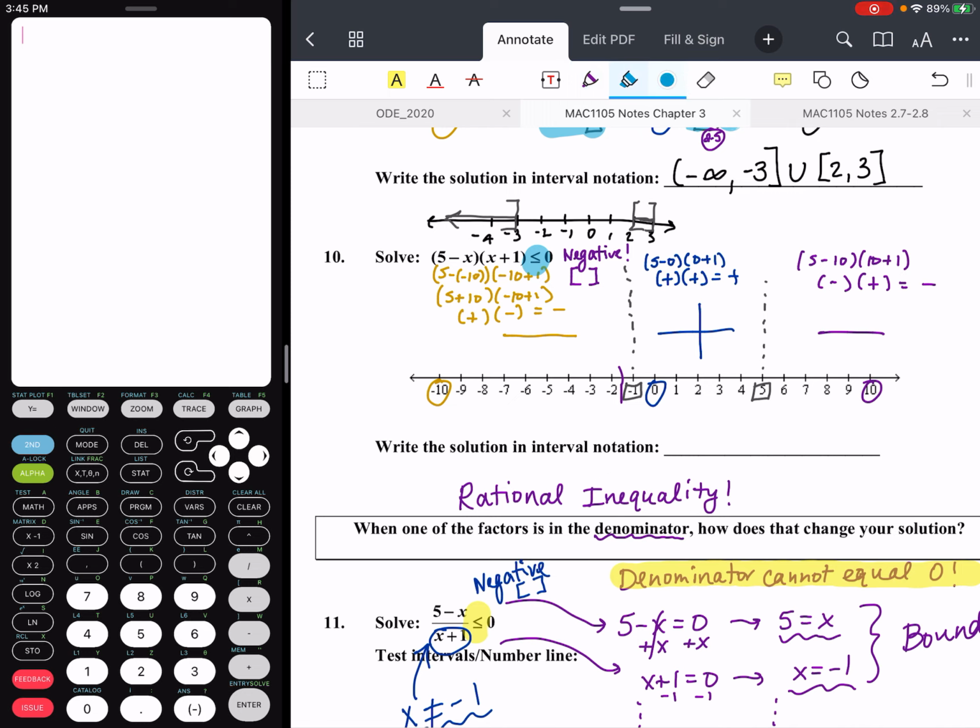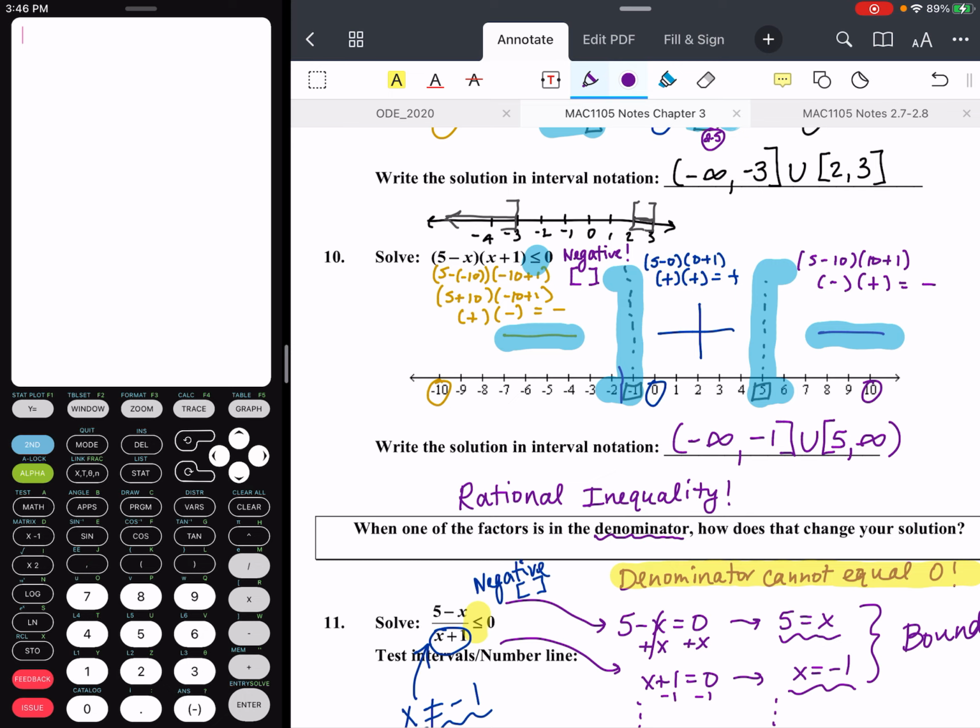So the interval to the far left has negative values. When I plug the values in, it gives me a negative value of the polynomial. And the interval to the far right also produces negative values. So I'm going to write this as negative infinity up to my boundary value of -1, square bracket, union, my boundary value of +5 with a square bracket, up to infinity.